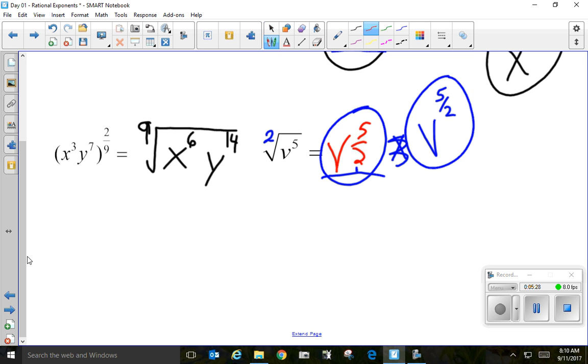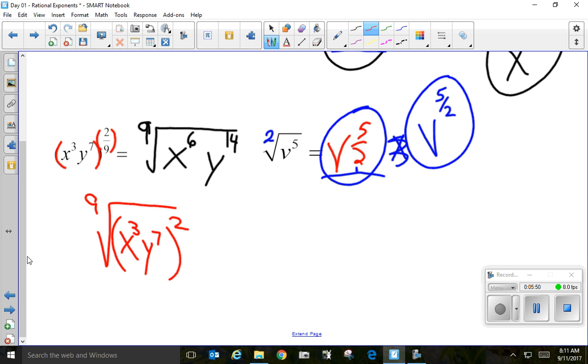Let's take this quantity that's in parentheses and apply our rational exponent, our fraction exponent. So I know bottoms up 9, top down, but what's still left here? We still have x cubed y to the 7.